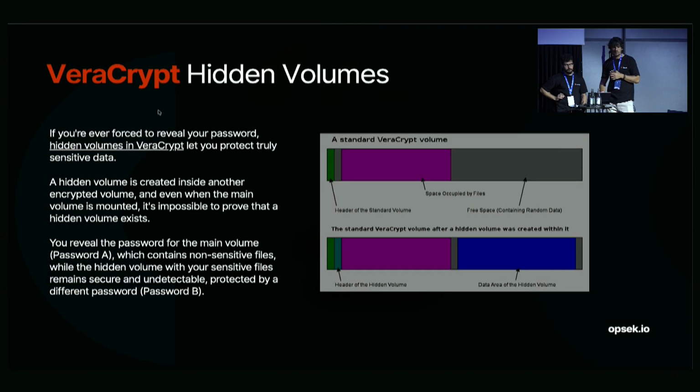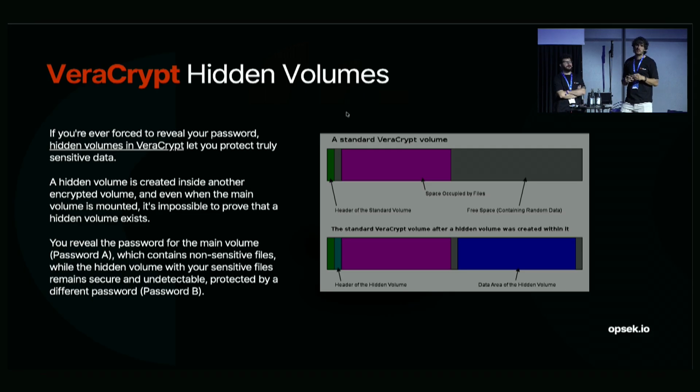Something interesting that this tool has is hidden volumes, right? So you're able to create an encrypted drive, and you can have two passwords for it. If you put password A, you will see some content. If you put password B, you will see some other content. So this gives you plausible deniability, right?